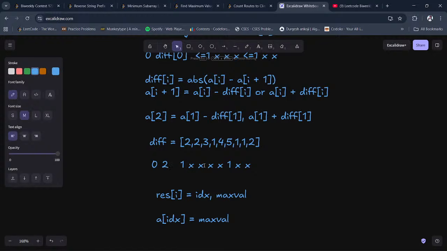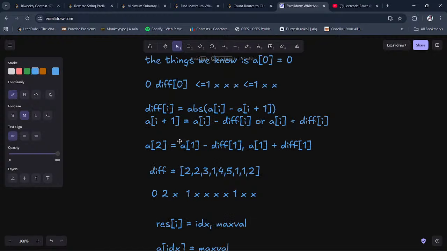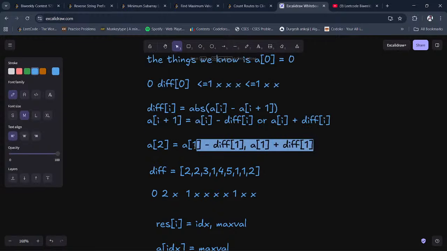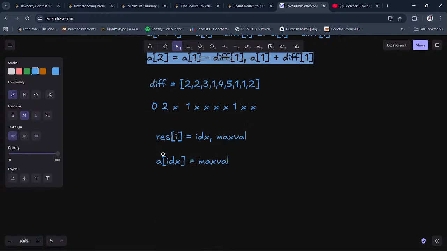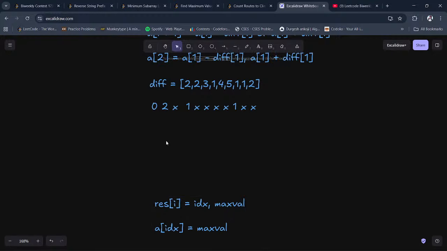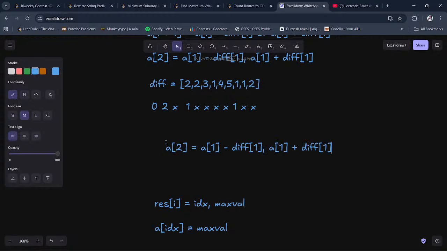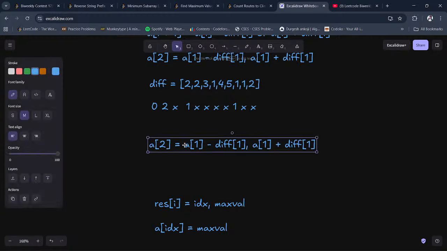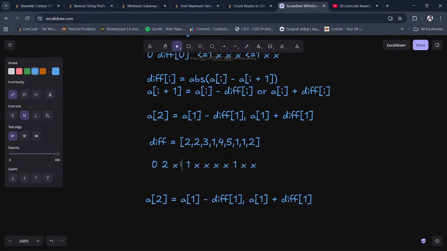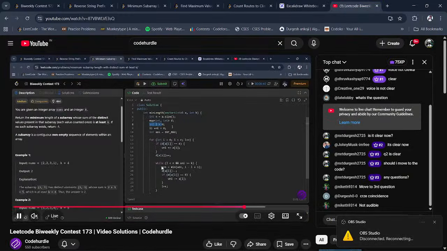How is a of 2 calculated? I told you, either you can decrement this with the difference or you can increment this. So a of 1 we know is 2. So the possible answer.